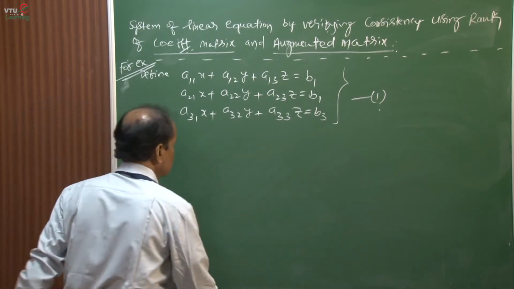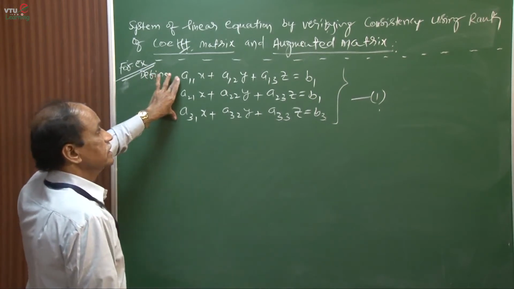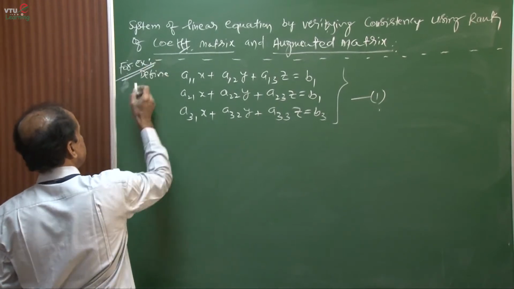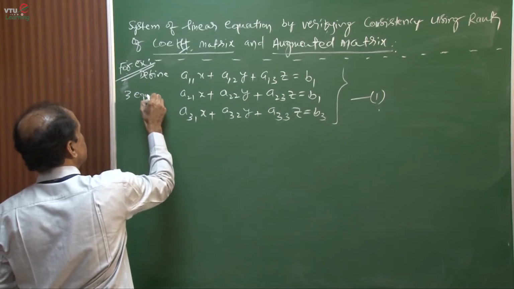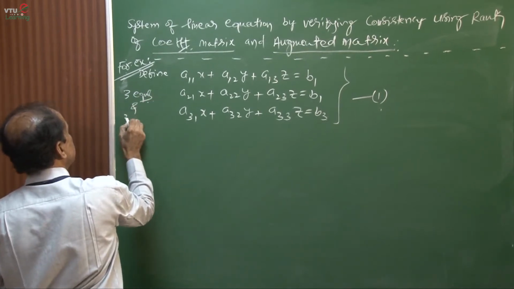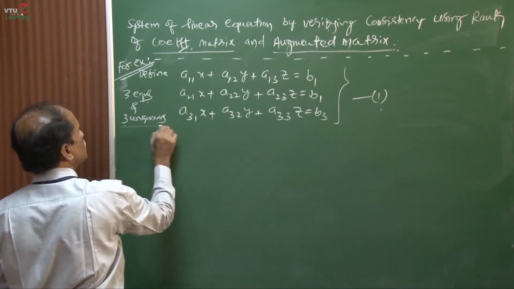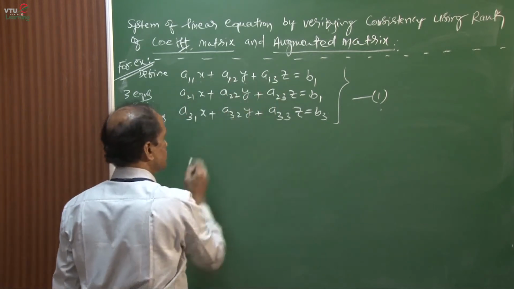Okay. So now these are the system of three equations with three unknowns. Unknowns, which are those? Unknowns are x comma y comma z.